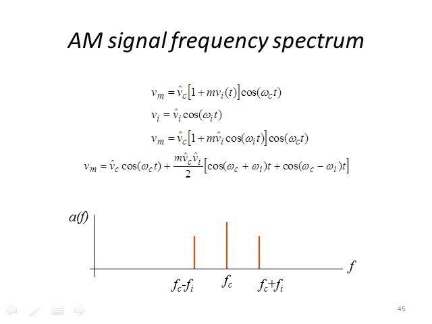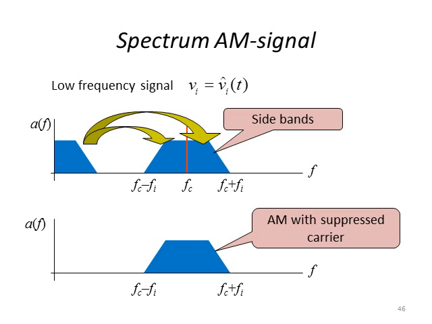And these lobes are going to be due to Fc plus the input frequency and Fc minus the input frequency, these sidebands. So the spectrum of the AM signal, we have these low frequency signals from the input signal, as we saw earlier, these sidebands.